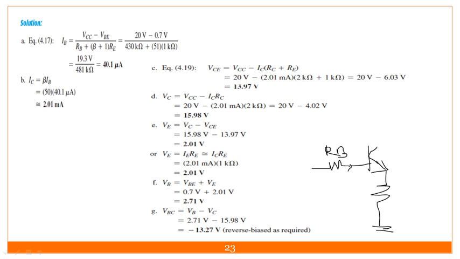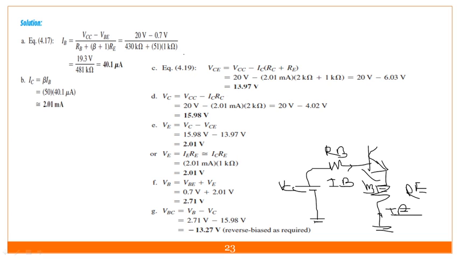If a resistor is there, it causes current to flow, that is my IB, from this VCC. Here is RE. It causes current to flow, which current? IE. RE is there, IE is there. IE, not IB. And here you will find a drop, that is my VBE. VBE drop is there.